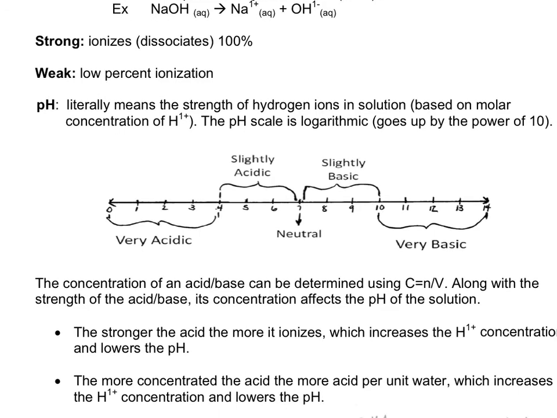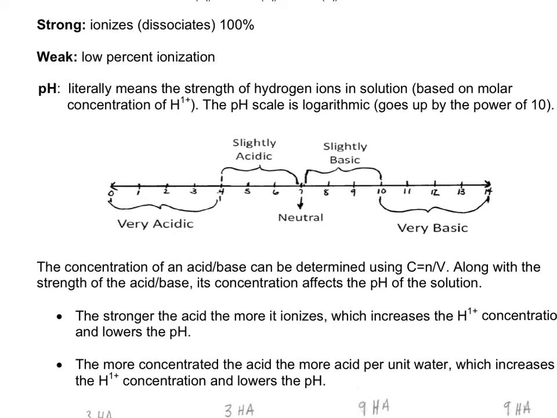How acidic or basic a solution is, is described using the pH scale. The p is actually a Greek letter that stands for strength, so literally pH means the strength of hydrogen ions in solution. This scale is based on the molar concentration of H+.